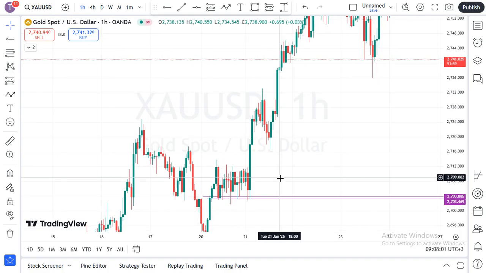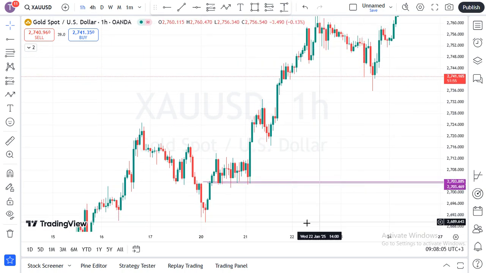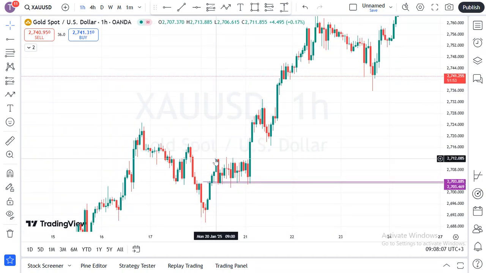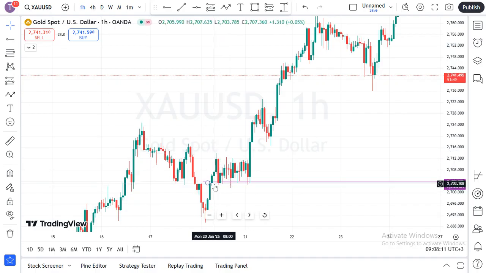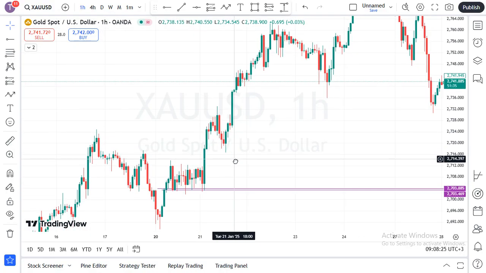That's why after it went, it left an internal liquidity here which was to be mitigated, or I mean it was to be taken. So the market had to reverse back and take up this liquidity.